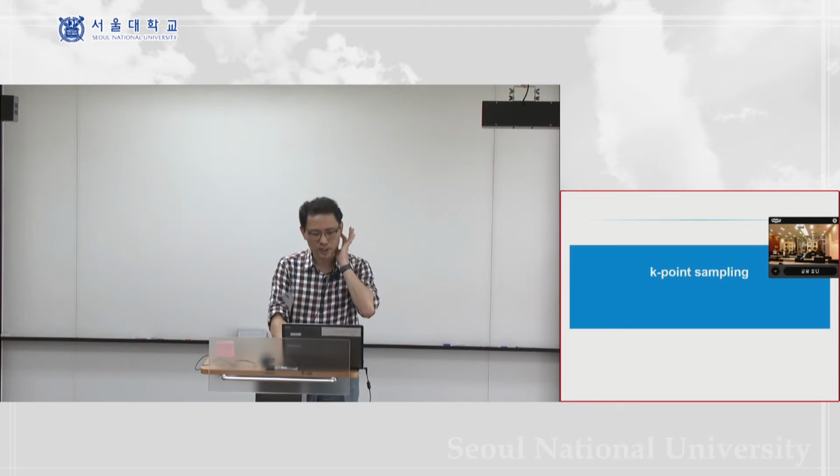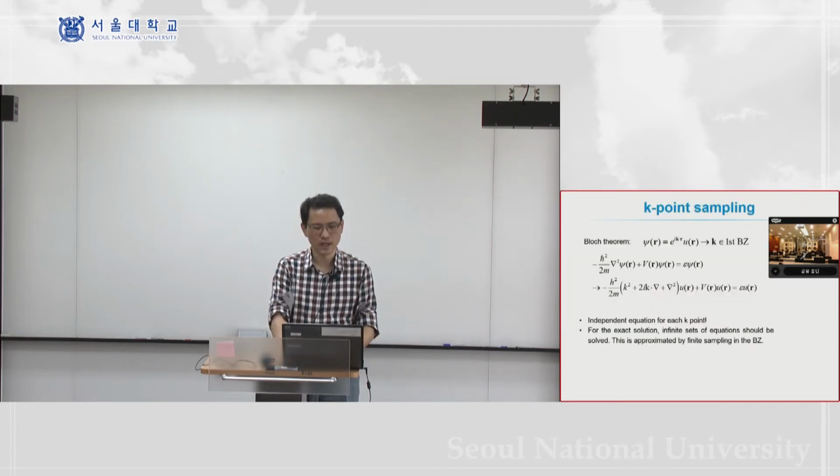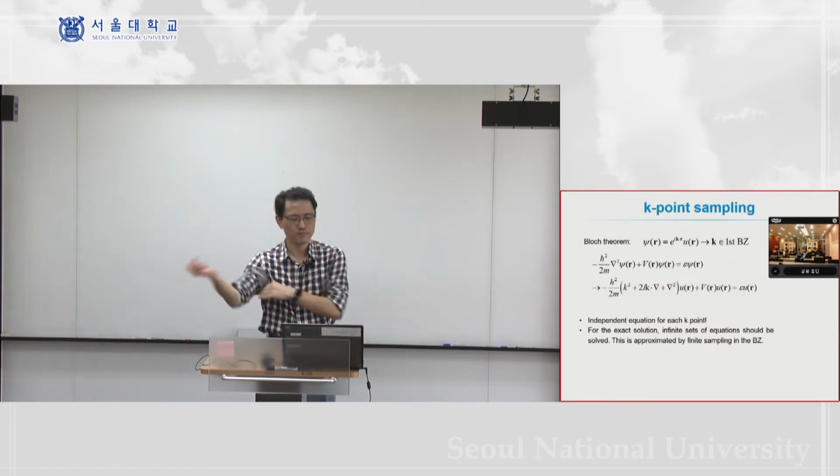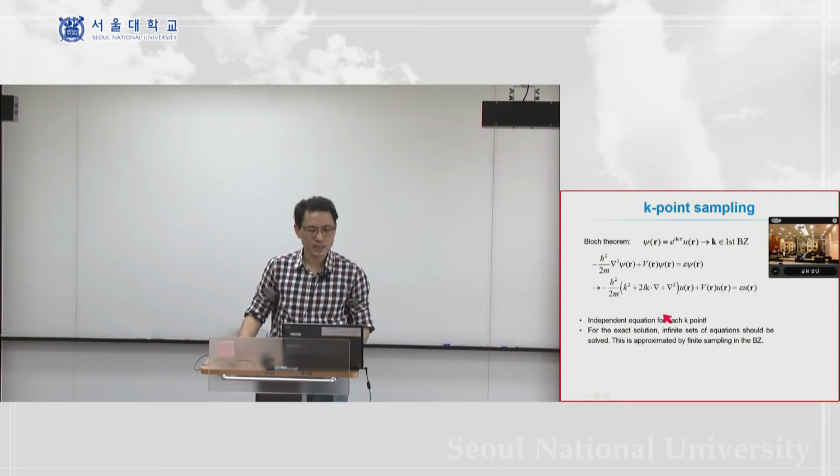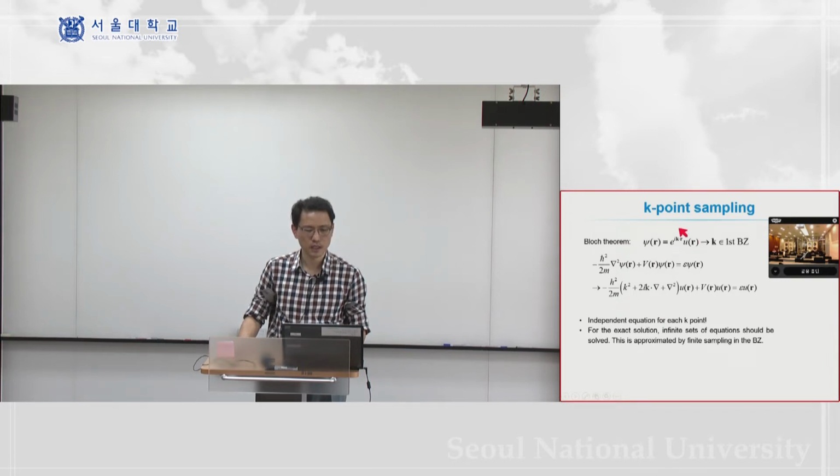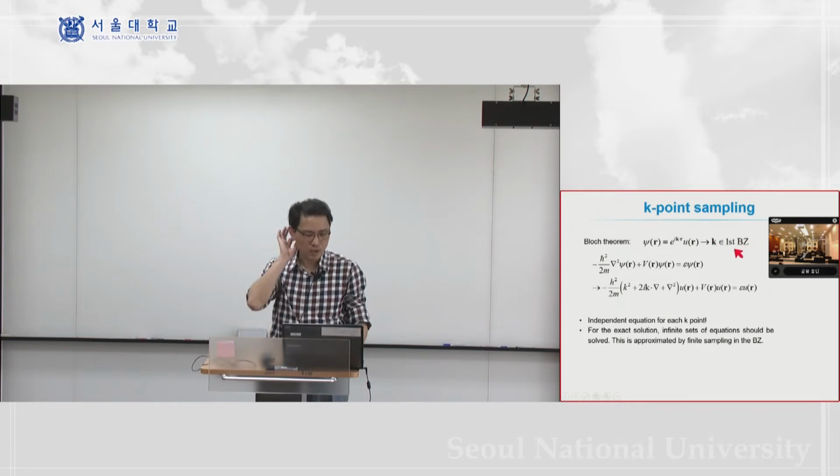The K-point sampling. As I mentioned before, the Bloch theorem states that in a periodic potential, the wave function is represented as e to the i k dot r times some periodic function, and this k belongs to any vector in the first Brillouin zone.